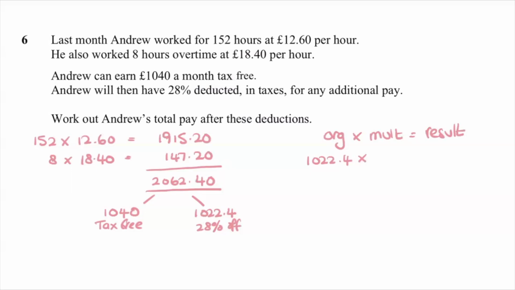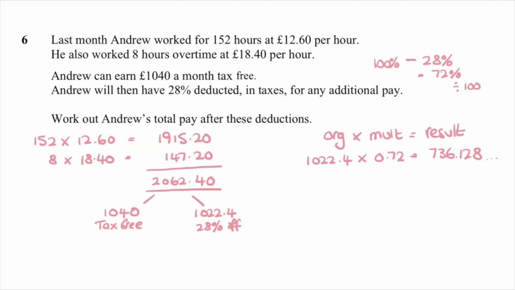To find the multiplier, you would do 100% take, because in this case it's a decrease, 28%, which would give us 72%. But we don't work in percentages, so we must remember to divide by 100 to get the decimal version. Put that into our calculator, and that is how much he will get once the taxes have been taken off.